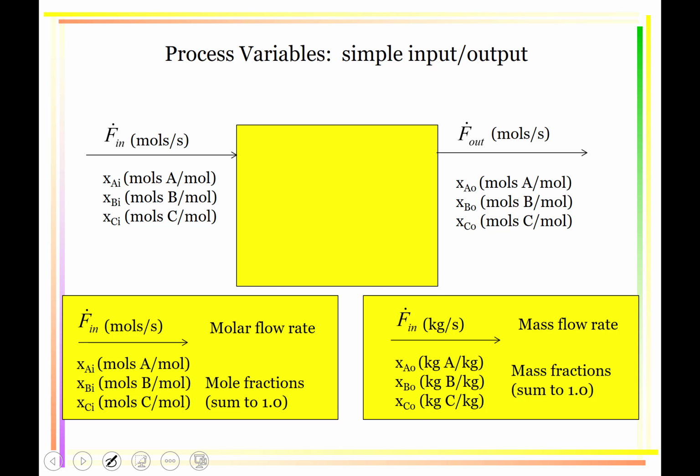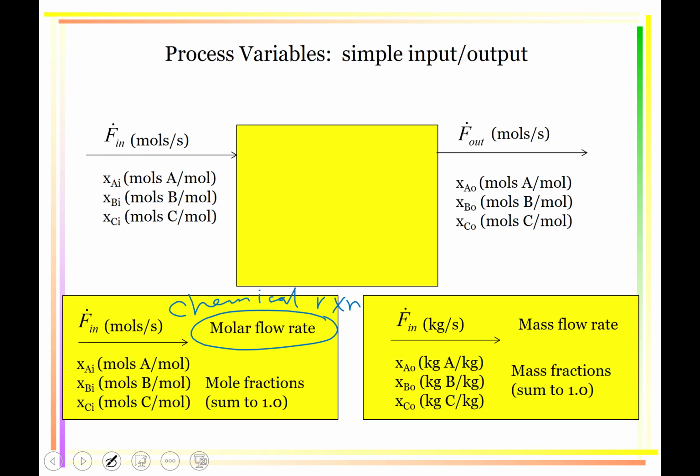Okay, so we've already seen this one now. We have a simple input and a simple output. Just stuff goes in, stuff comes out. That could be a chemical reactor. Like A goes in, B comes out. And we can either write it in terms of a molar flow rate. This is convenient when you have a chemical reaction, because chemicals react according to moles.